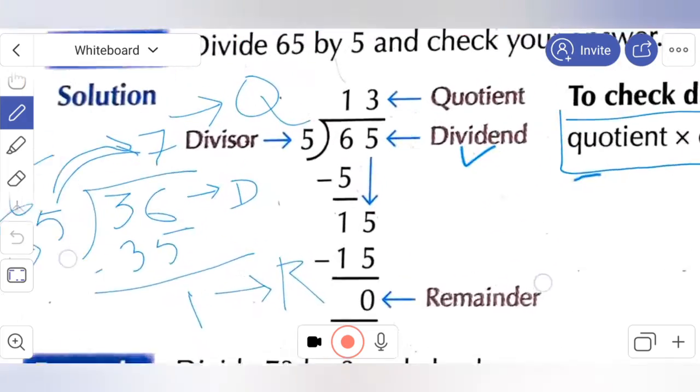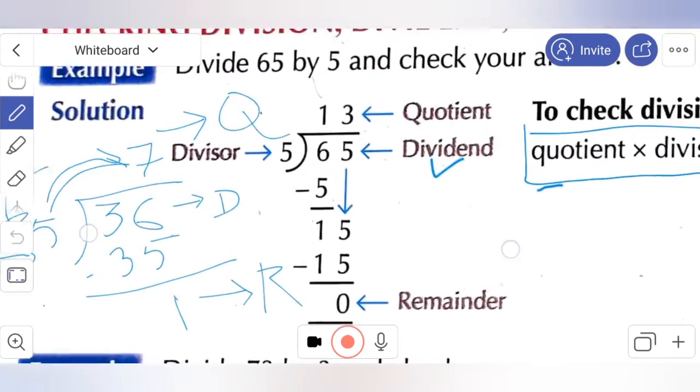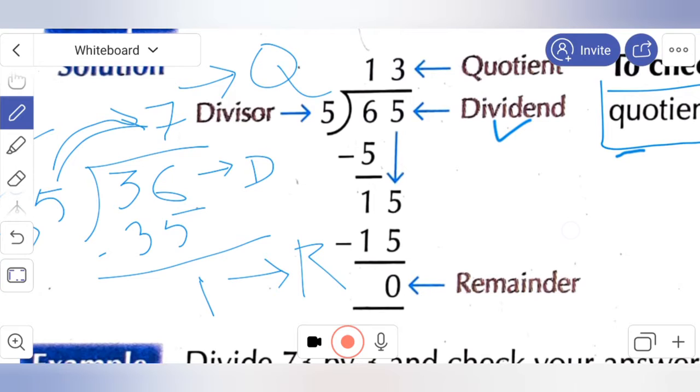So the same way here also. Now you see 5 into 1, we got how much? 5 1 ja 5. Now 6 minus 5, you got 1.